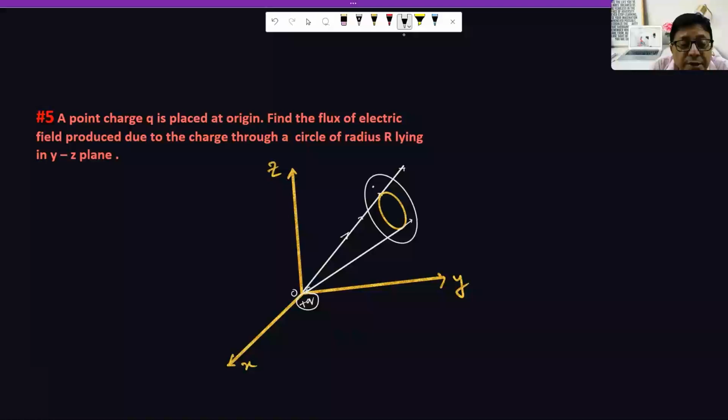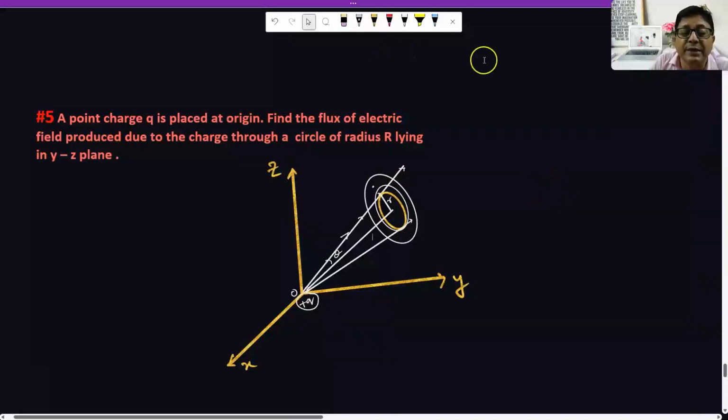We are taking the center of the circular portion with origin as the initial line. From here it is rotated by an angle theta to reach the elemental portion. Elemental portion has radius r and its thickness be dr. We are assuming the thickness of the elemental portion is equal to dr. Got it? This we are taking thickness as dr.